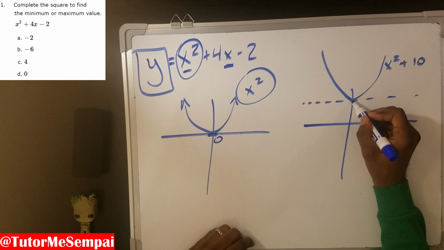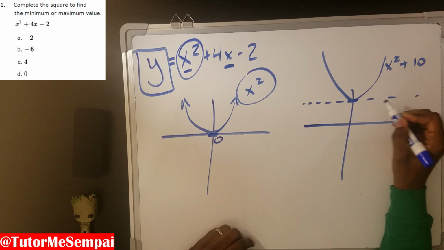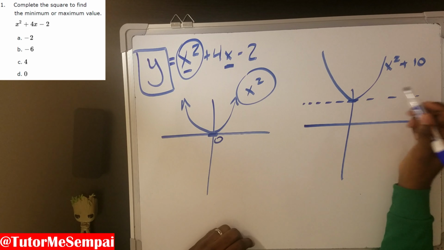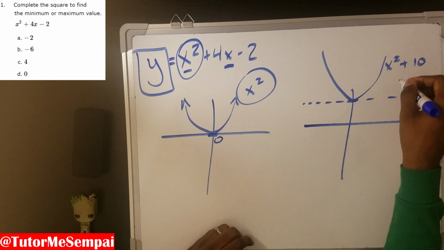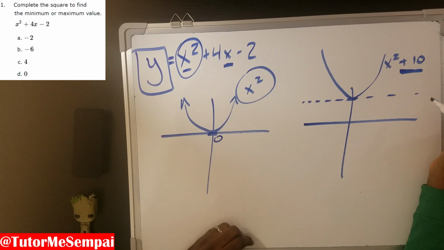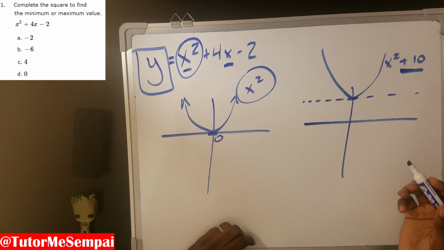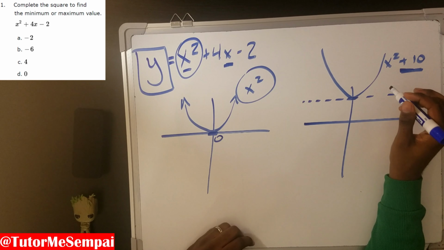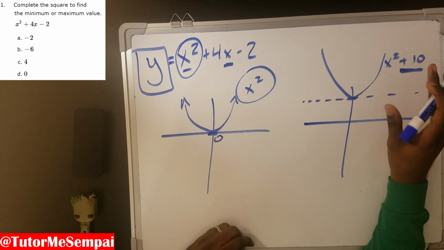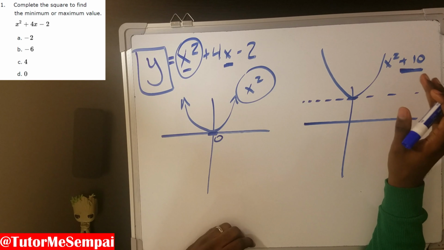So the new minimum, unlike here we're at 0, the new minimum is going to be at y equals 10. Likewise, for the negative x squared, if you add or subtract anything from that, it's going to shift you up or down and you will get a new maximum. So that is what the question is asking for. I just want to put some more clarification on what it's asking before we jump into the question for today.